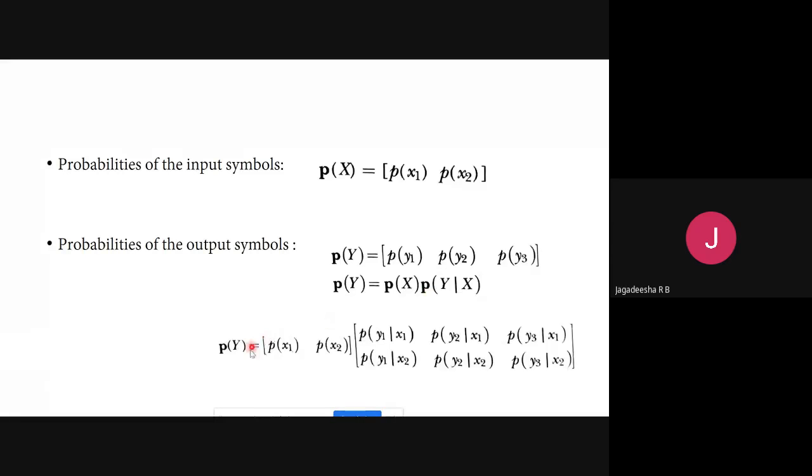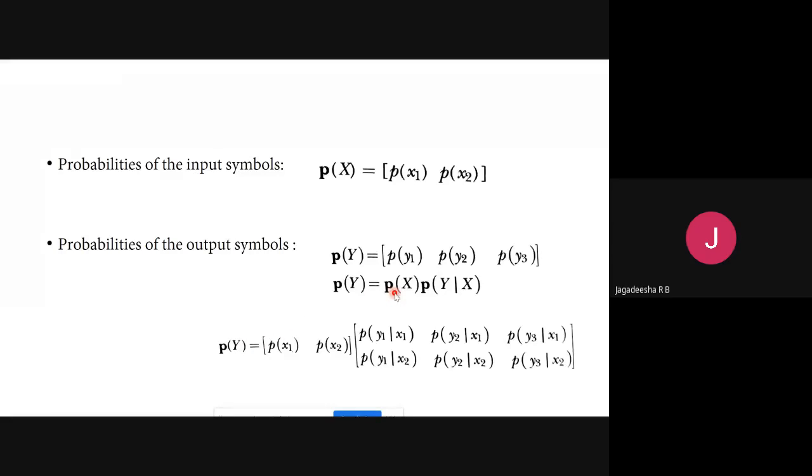Okay, now here, probability of y, as we have seen, is nothing but probability of input multiplied by conditional probability of output. So that's what we are representing here. Probability of x. How to write probability of x? Maybe probability of x1, probability of x2. That's what is written here. Basically, this is the equation. We are substituting the appropriate terms here. So probability of y is equal to probability of x.